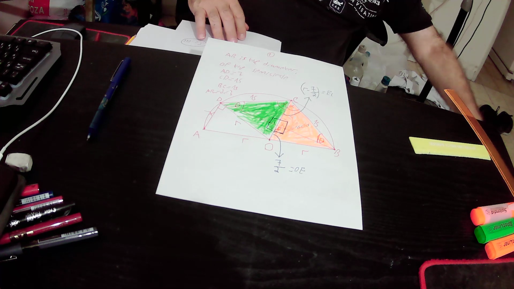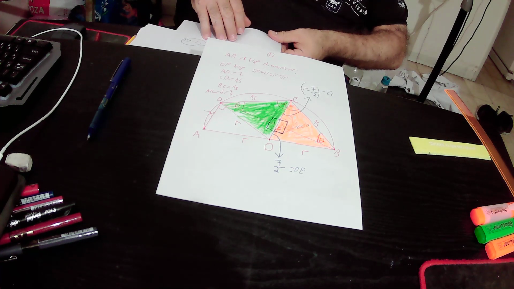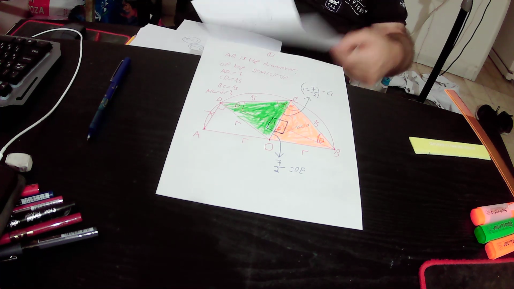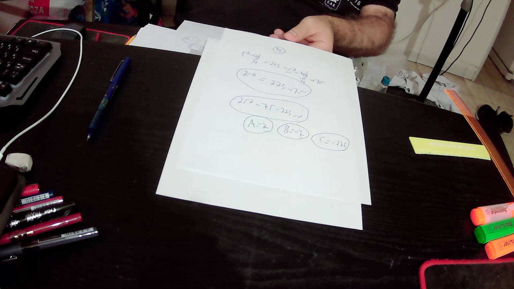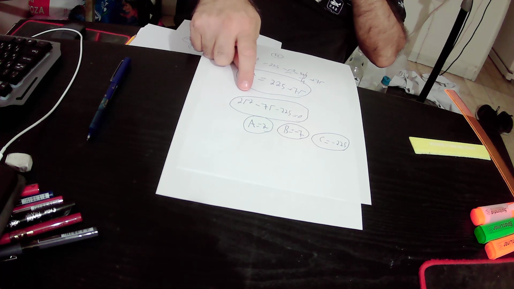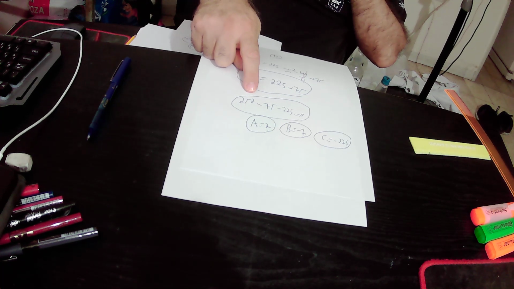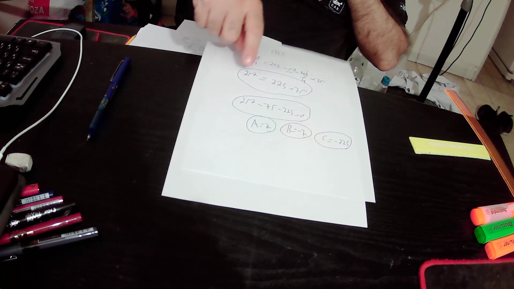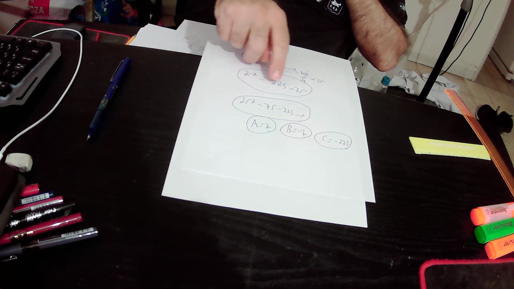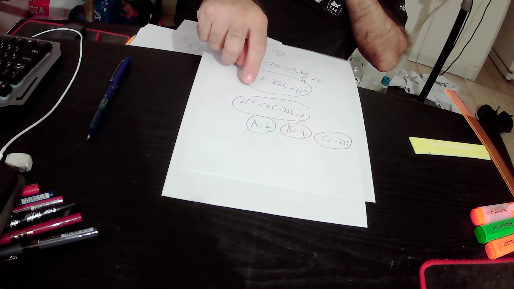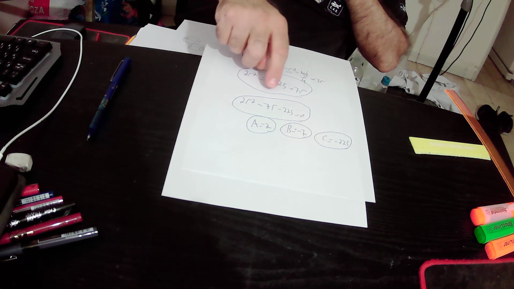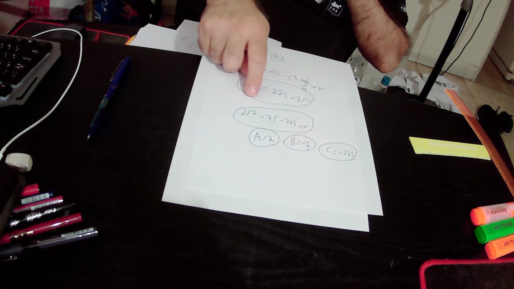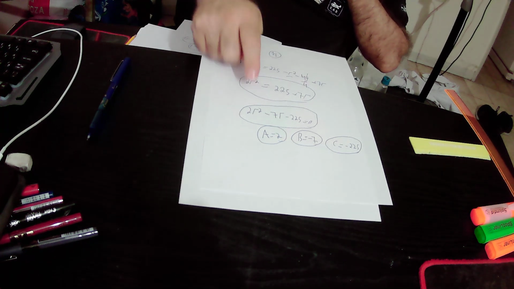Actually, after we solve this equality, we arrive at this quadratic equation: 2r squared minus 7r minus 225 equals 0. The coefficients of this quadratic equation are a equals 2, b equals minus 7, and c equals minus 225. And the variable of this quadratic equation is r.